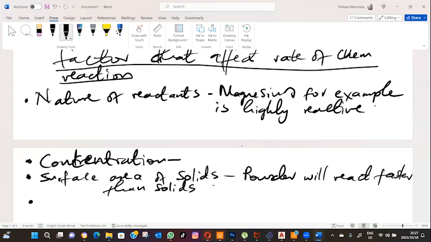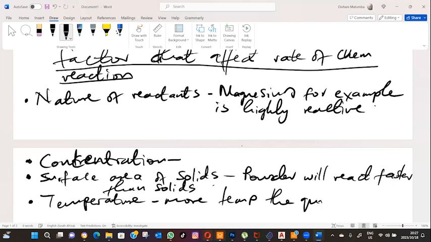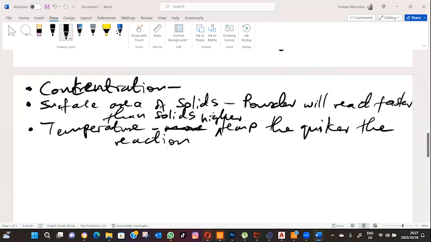And also temperature. The higher the temperature, the quicker the reaction, since there's enough energy to break the bonds. Then lastly, the catalyst. I won't talk much about that one.